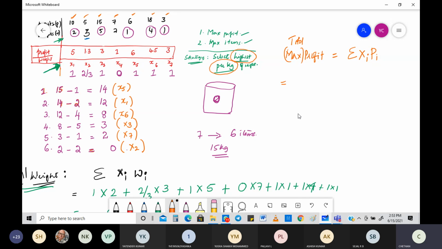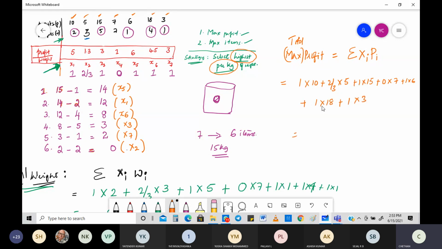So if I do that, will I be able to do it? Yes. 1 into 10 plus 2 by 3 into 5, plus 1 into 15, plus 0 into 7, there's nothing there, plus 1 into 6 plus 1 into 18 plus 1 into 3.